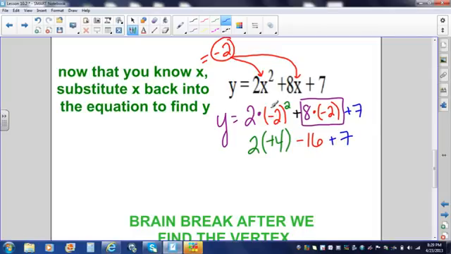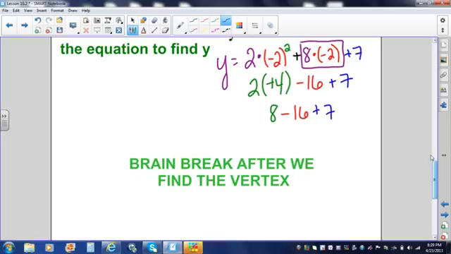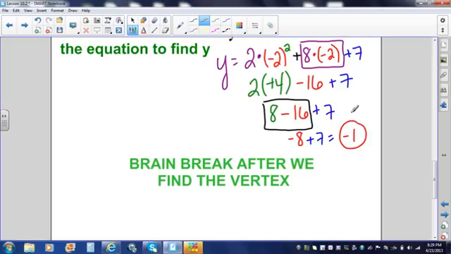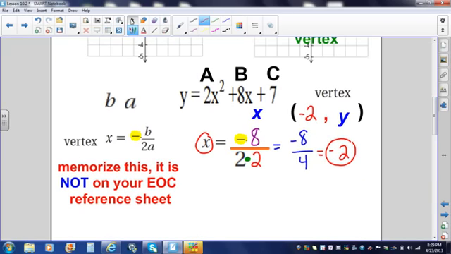Now let's see. 2 times 4 gives me 8. -8, -16, copy the problem, +7. Remember, if I have adding and subtracting in the same problem, I go from left to right. That gives me -8. I add 7. That gives me -1. So y is going to be -1.